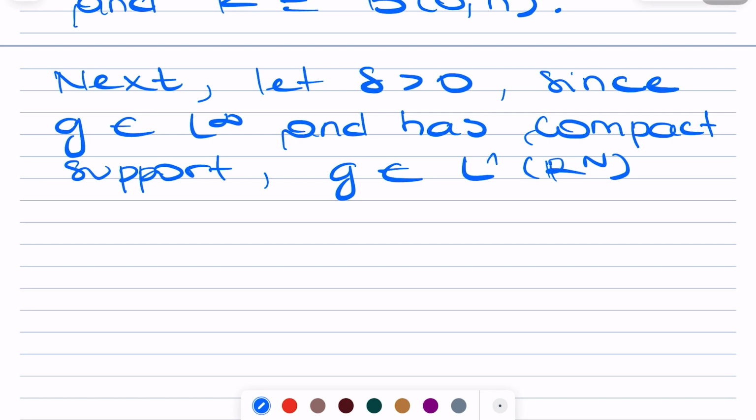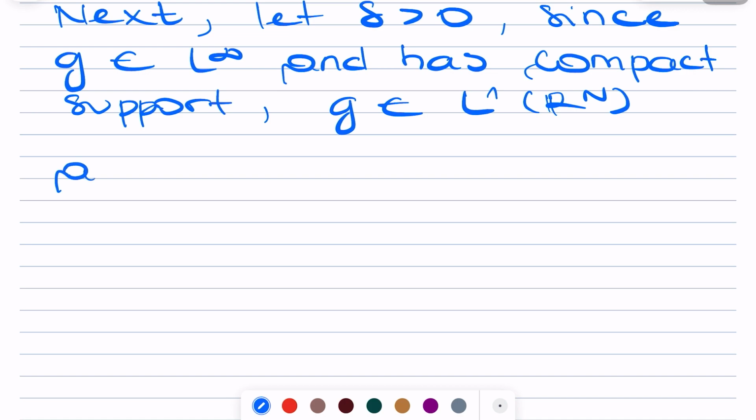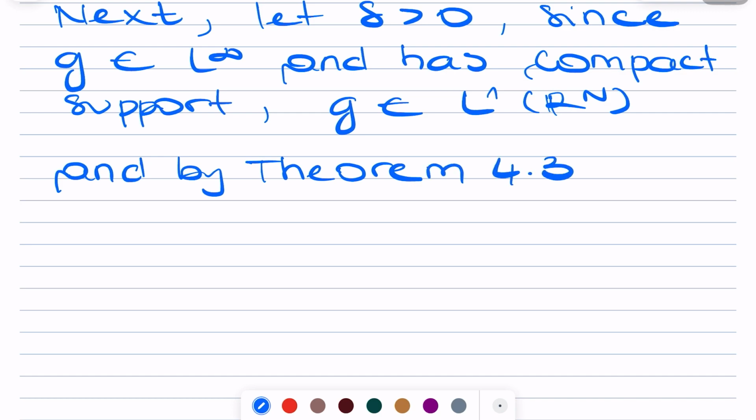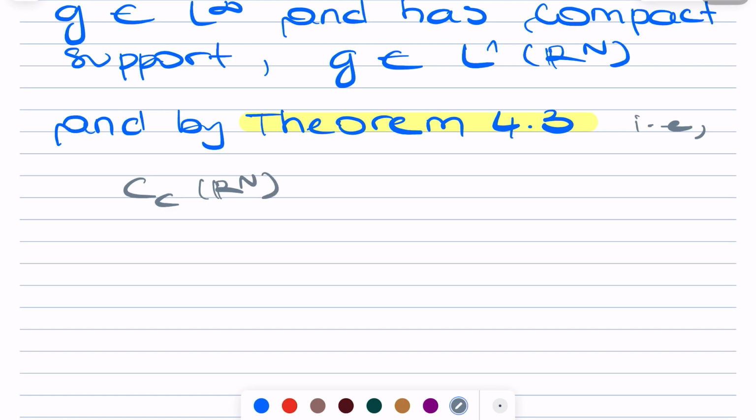You can easily check that. And by theorem 4.3, we know that the space of continuous functions with compact support lies dense in L1 of Rn. So this is what theorem 4.3 says, that Cc of Rn lies dense in L1 of Rn.